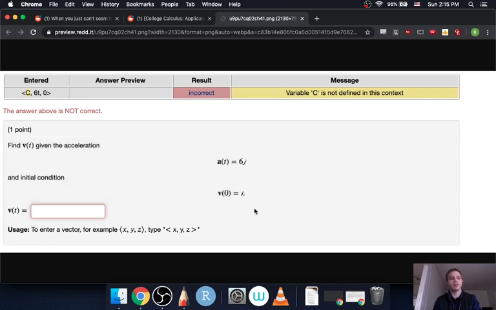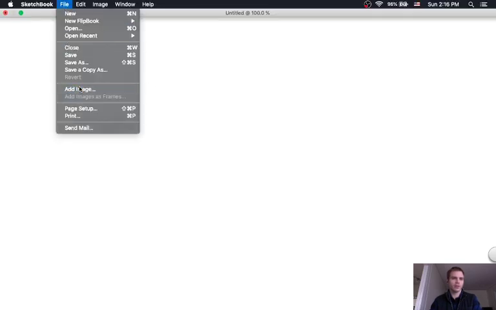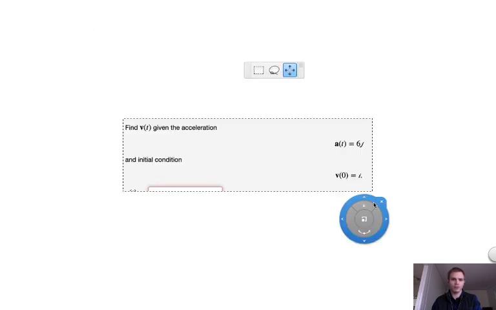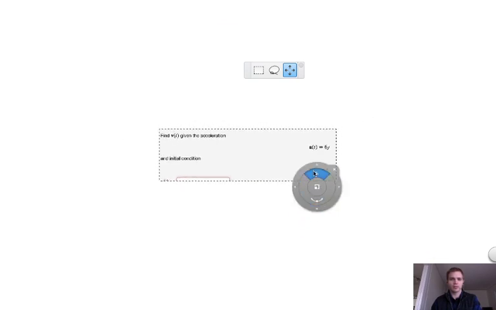Oh, I see. Okay. So it's in IJK notation. So here we go. We're going to add this image to our problem. And we're going to see that it's not as bad as we thought.